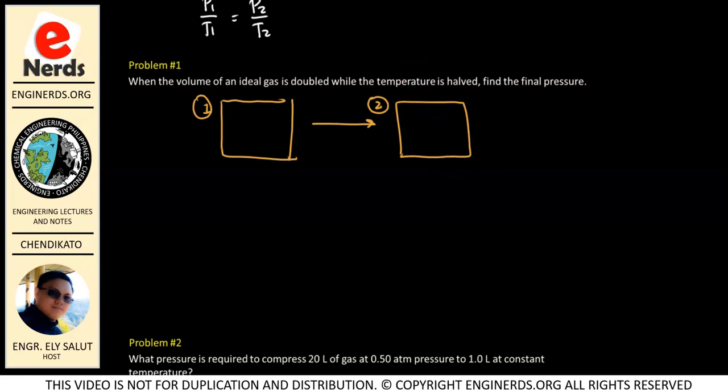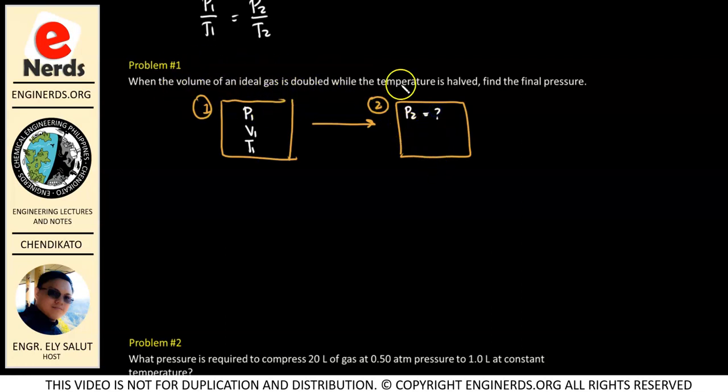And of course, in our initial condition, we have our initial pressure. Then we have our initial volume, and we have our initial temperature. And then, in our second or final condition, we are asked to find the final pressure. So, we do not know what pressure 2 is. And then, we are told that our volume is doubled.